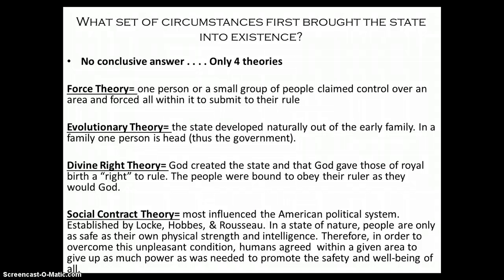And so this theory really snowballed and is very evident in the Declaration of Independence, where Thomas Jefferson writes, we as colonists are overthrowing your form of government, Great Britain, because King George has overstepped this social contract, and he's taking more power than we, the people, are willing to give.